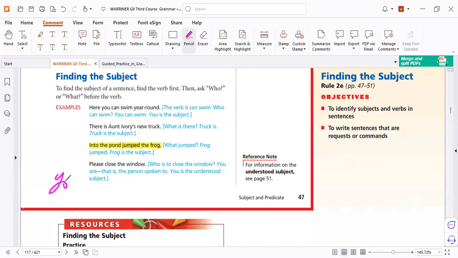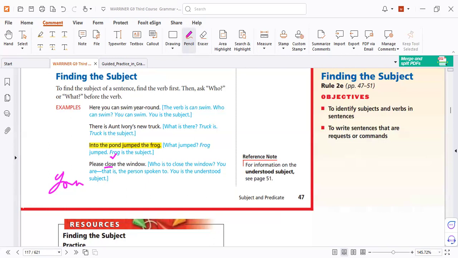Please, so use the subject and close the verb. So is it a sentence or not? It's a sentence. That is the point. But in English it's called a hidden subject because when we give an order or request, we don't write it. That is the point.